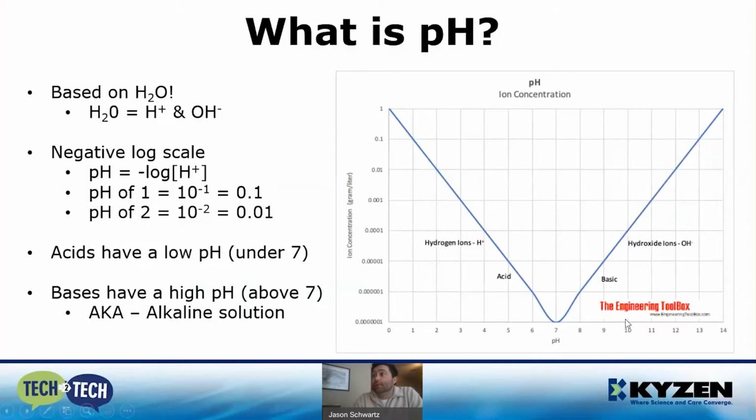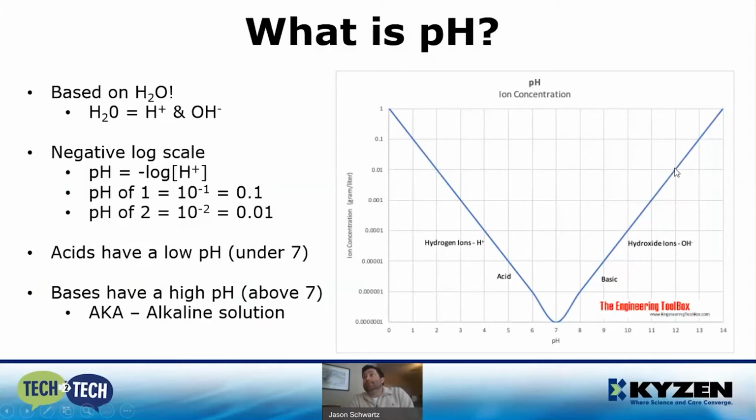So here you can see at a pH of 0, we're at 1 or 100% acid concentration, but just jumping from a 0 to a 1 brings us down to 0.1 or 10% acid, and going even further, you get down to 1% at 2 and 0.1% acid at 3. The same thing is true for bases, right? As you start out at 14, you're at 100%, but by the time you get to 12, you're just at 1%.